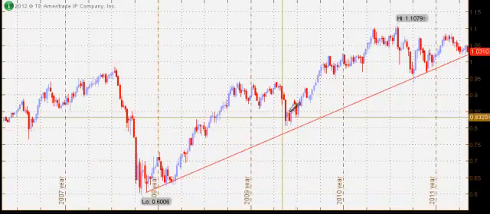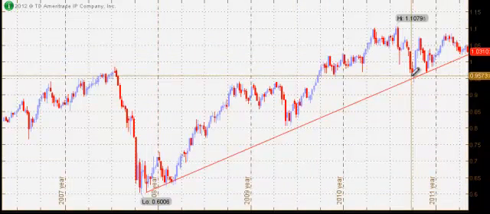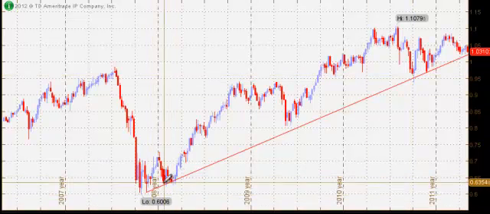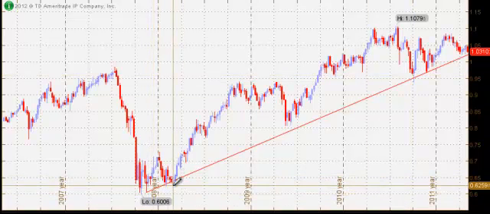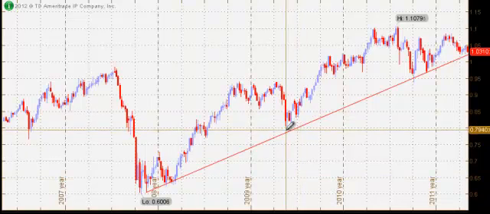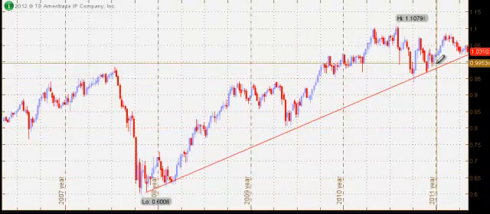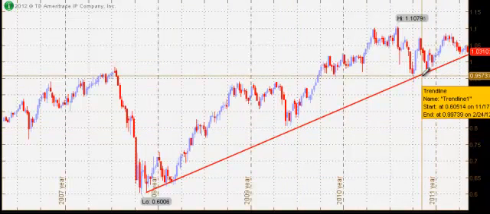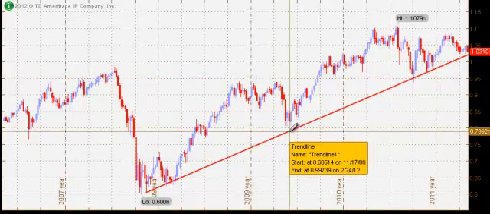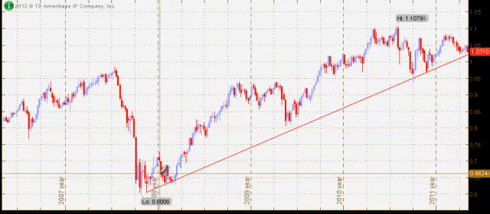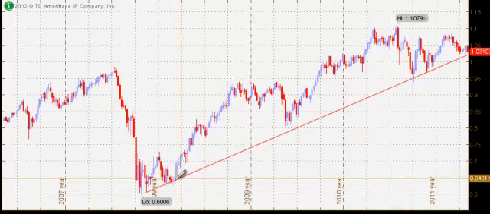Notice that the Aussie is now getting close to this long-term trend line, and this trend line has been touched by 1, 2, 3, 4, 5 points. So this is a significant trend line because the more times the price rebounds from the line, the more significant the line becomes.